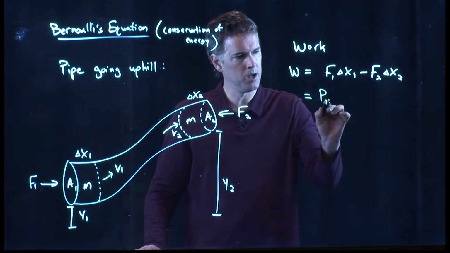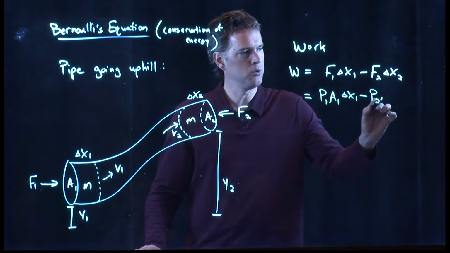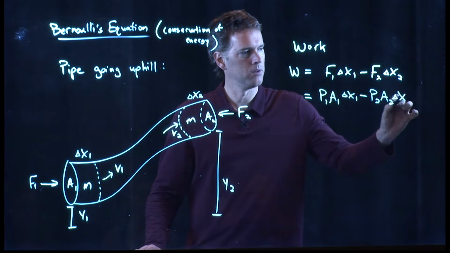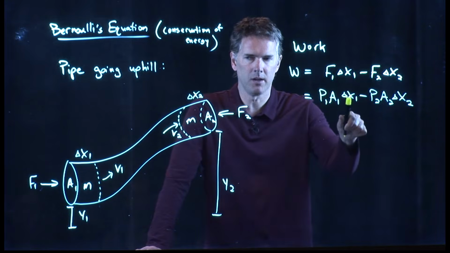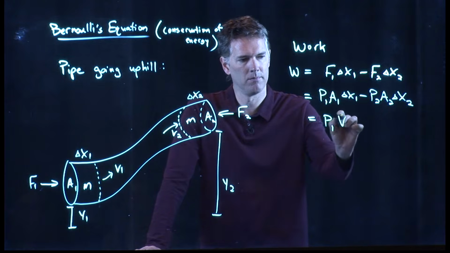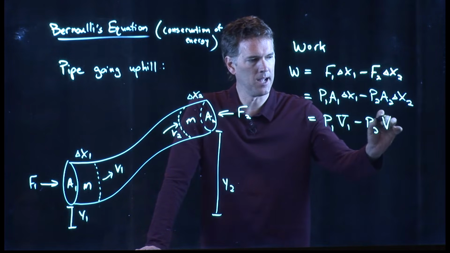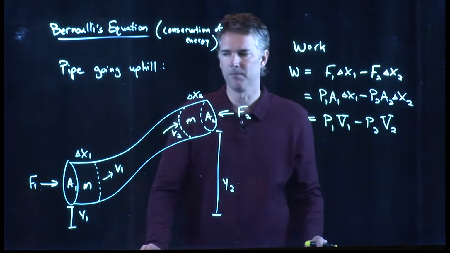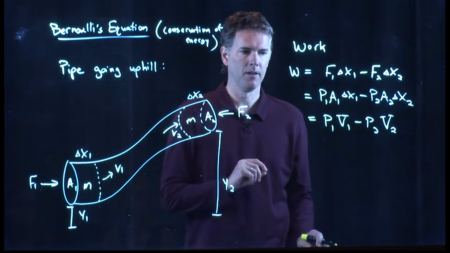This is P1 times A1. This is P2 times A2. And A1 times delta x1, that is a volume. A2 times delta x2, that is a volume. What's the volume of this fluid? What's the volume of this fluid?